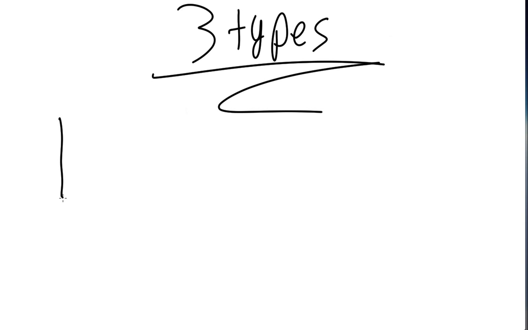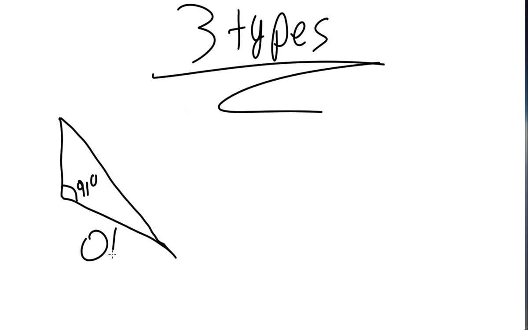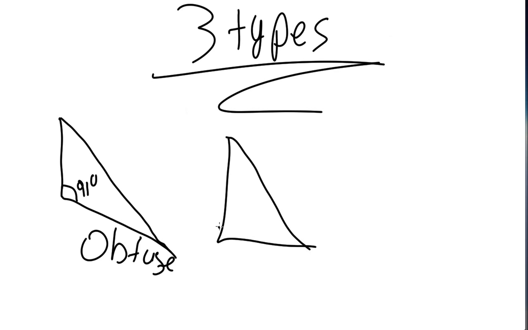There's something called an obtuse triangle. This is obtuse. There's a right triangle. And there's an acute triangle.